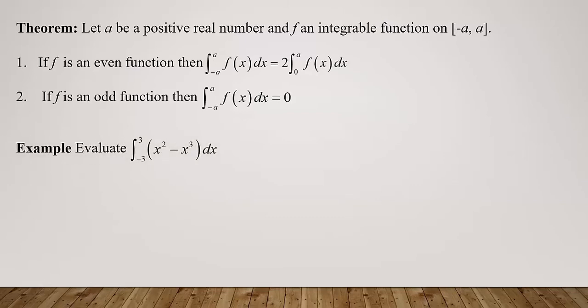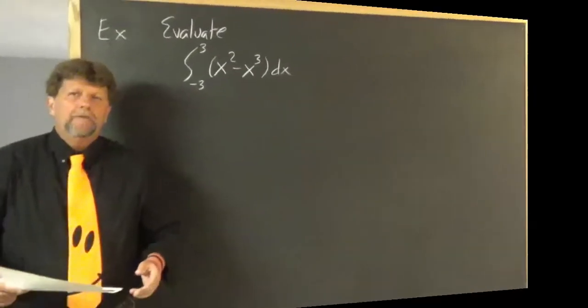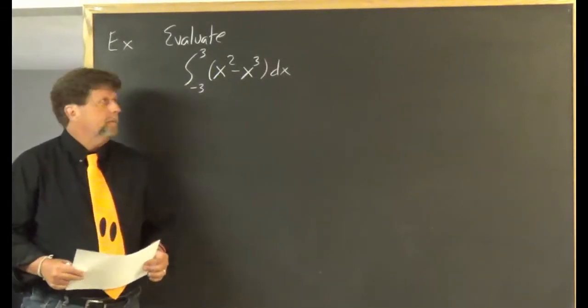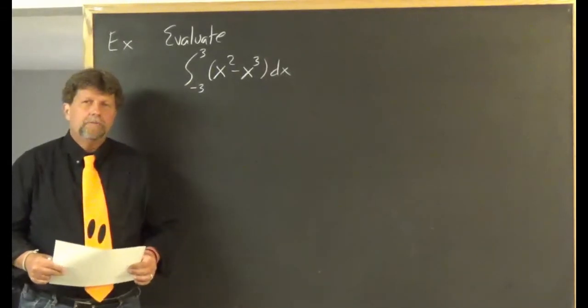So I'm just going to, in this example, write it down because I'm going to the chalkboard. I'm just going to attack this one example, trying to use these properties you see in the theorem. And that's the whole point of doing this example. So please write this example down because I'm heading off to the chalkboard to do it. All right, folks, in this example we're asked to evaluate the integral from negative 3 to 3 of x squared minus x cubed dx.